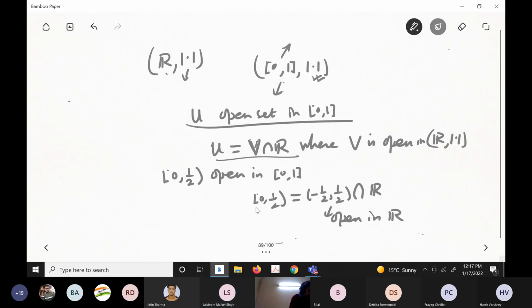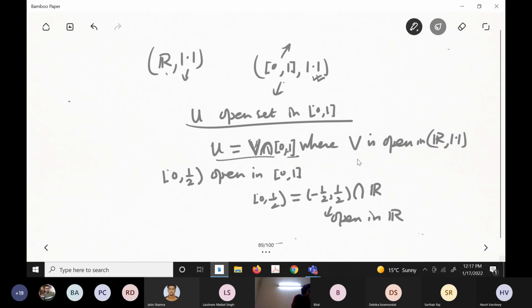I'm 0 to half to Leah. So minus half. Sir, what would be the intersection? Sir, you have written V intersection R. In place of R, there should be 0, 1. Close interval 0, 1. Oh, sorry. Yes, you're right. Yes. Yes, you are right. Yes.